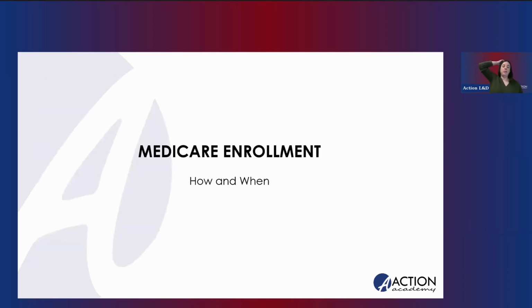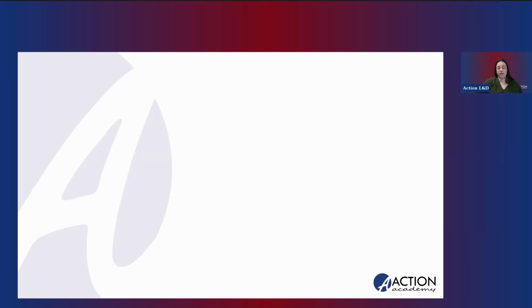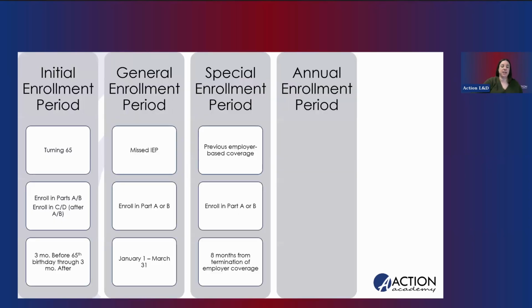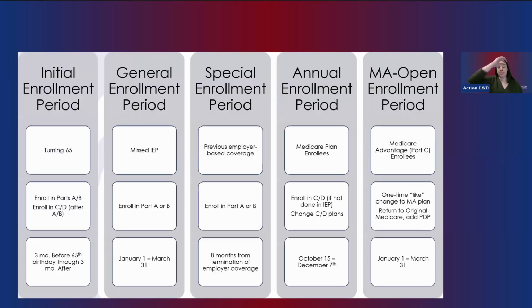So, how and when can you enroll in Medicare? I have 1 minute left, so I'm just going to show you this instead of talking about it forever. We will talk more about these different periods in the Medicare expertise version of the show in about 2 weeks. You might have heard me say a couple of these already, like your initial enrollment period. That's when you first turn 65 and are first able to turn yourself over to Medicare.